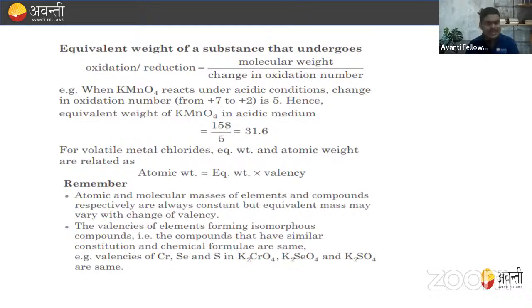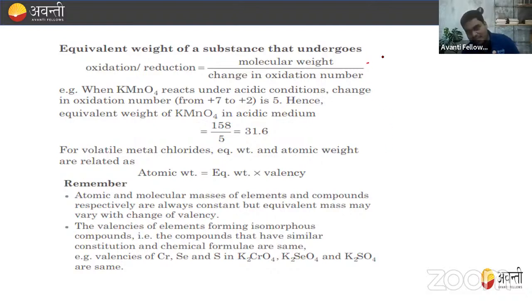Now, the next thing is the equivalent weight of a substance that undergoes oxidation or reduction, right? How will you calculate the equivalent weight of a substance that undergoes oxidation and reduction? For this, using the same formula, molecular weight upon change in the oxidation number.